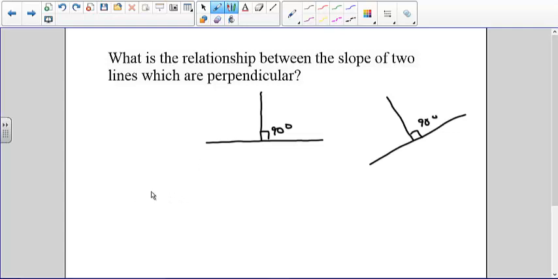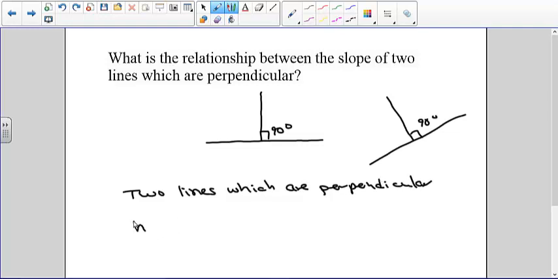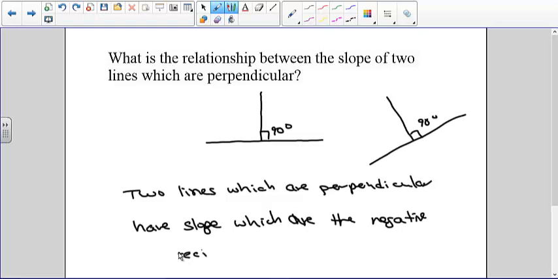So here's the answer. Two lines which are perpendicular have slopes which are negative reciprocal of each other.